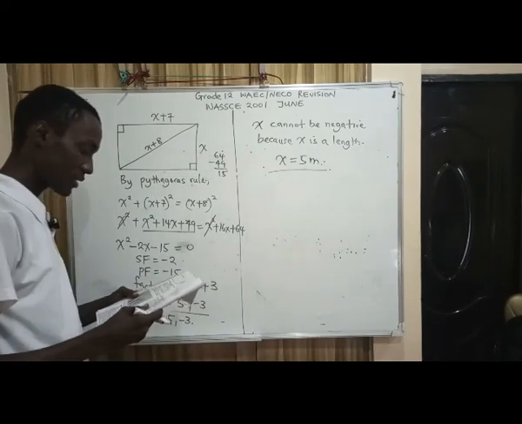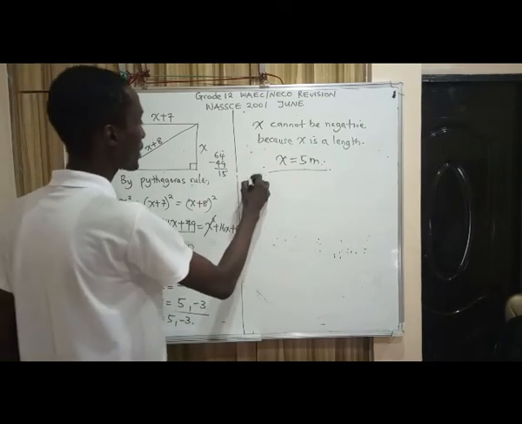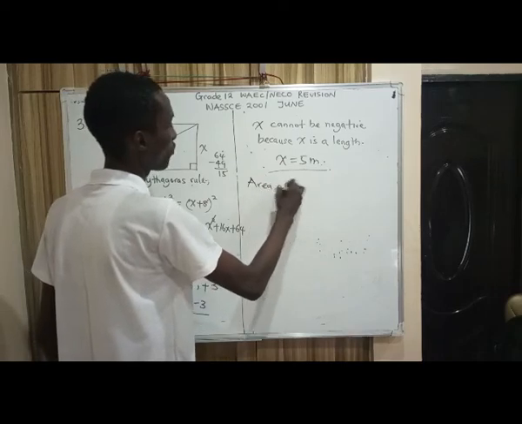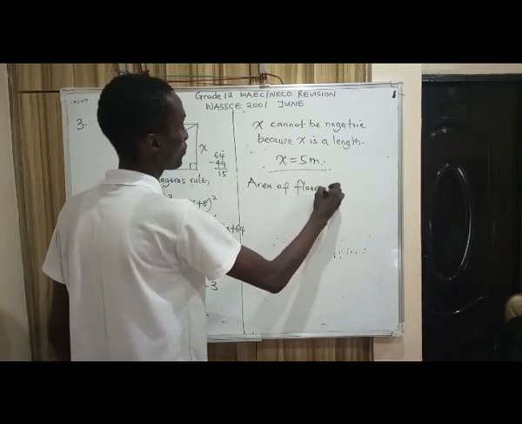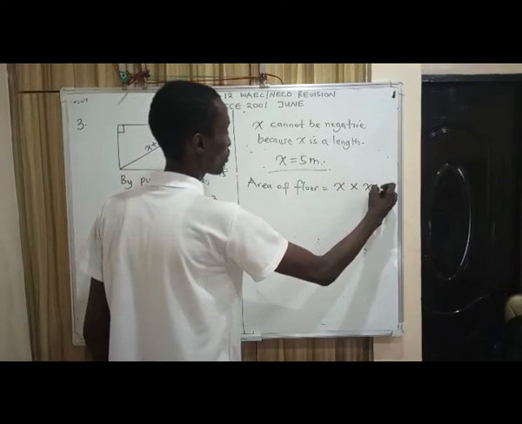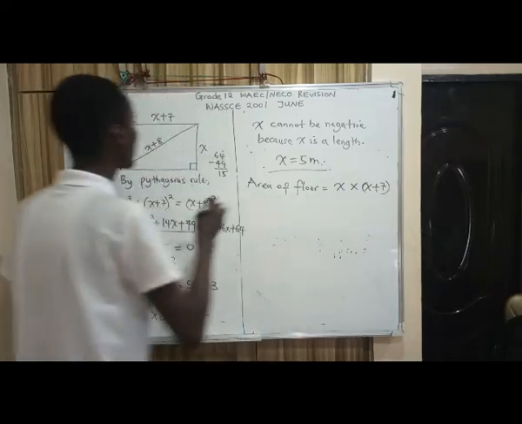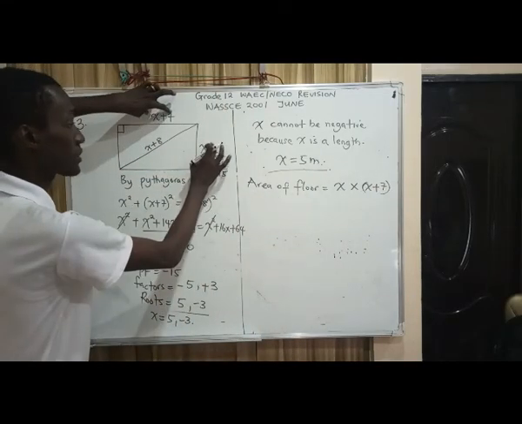Now, having done that, you are told to find the area of the floor. So the area of the floor will be equal to x times (x plus 7). The length will be this times this.